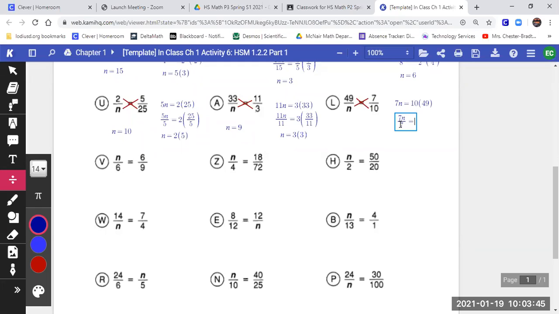The 10 or the 49? 10 stays, 49 goes. Okay, so 10, 49 divided by 7. Parentheses. Okay.